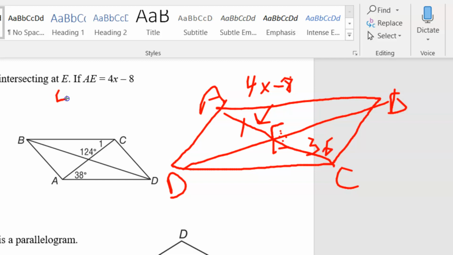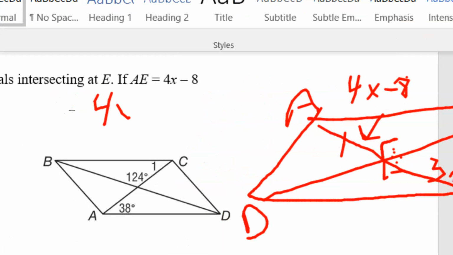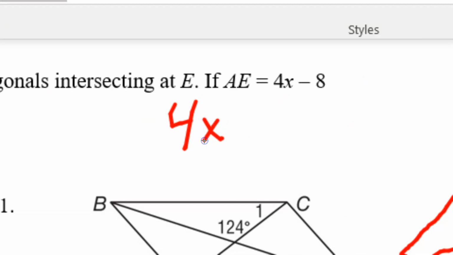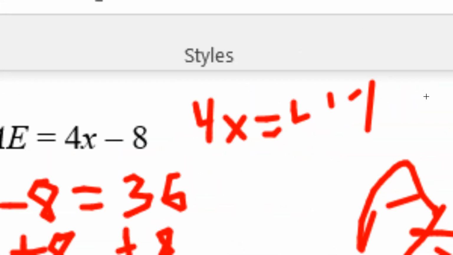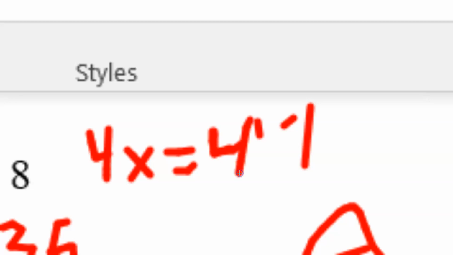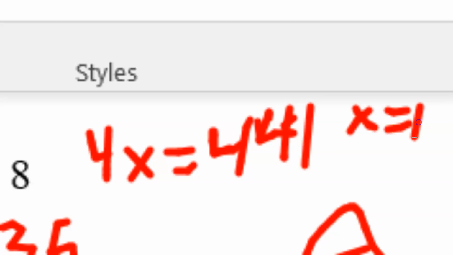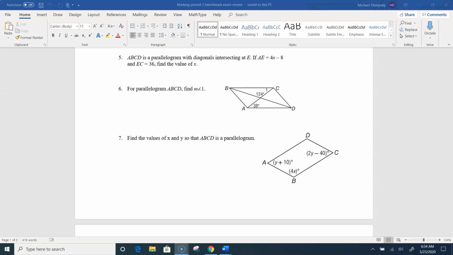So we would just have 4x minus 8 equals 36. So we add 8 to both sides. And I have 4x equals 44. So x would equal 11.